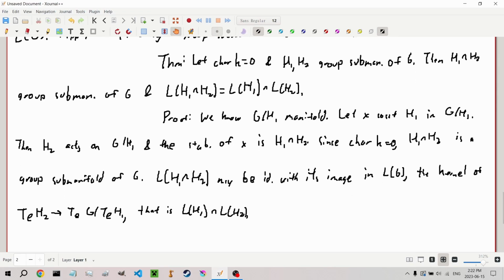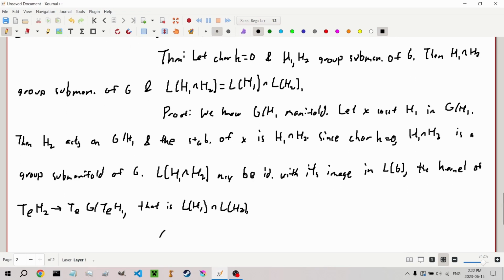This comes with a corollary, of course. Suppose that the algebra of H1 is inside the algebra of H2. Then in a neighborhood of E, H1 is inside H2.